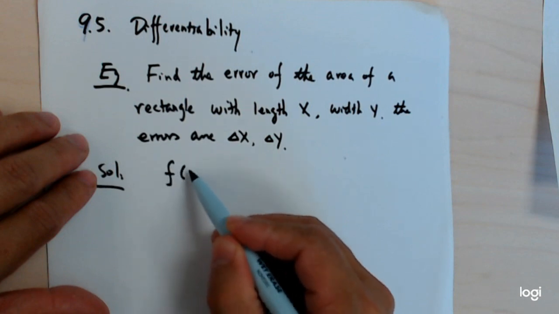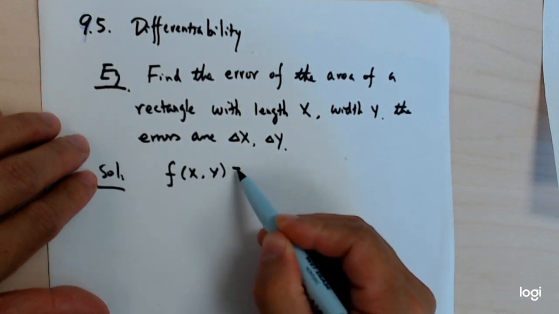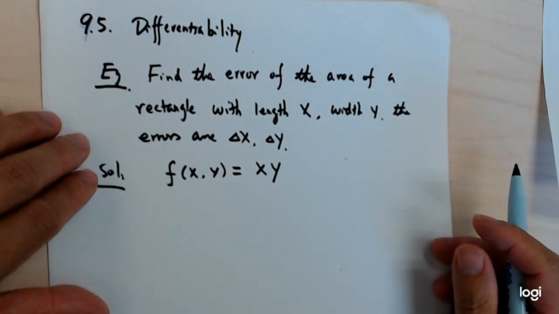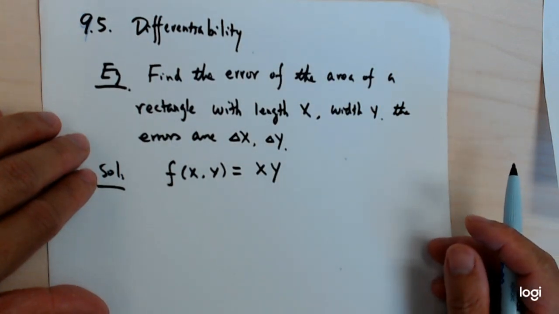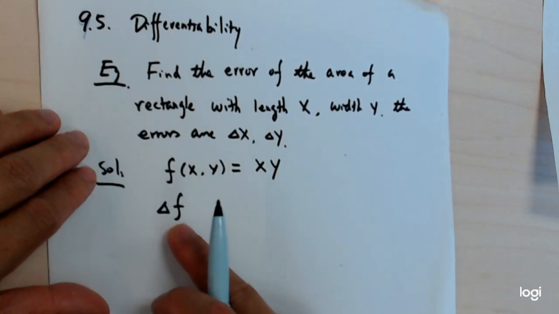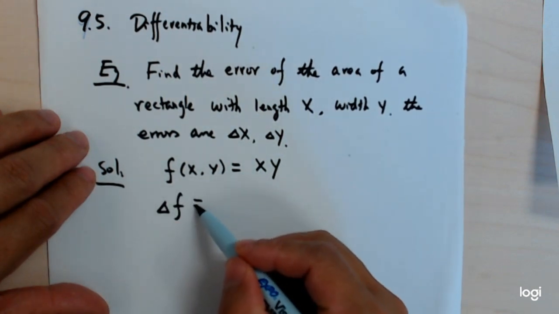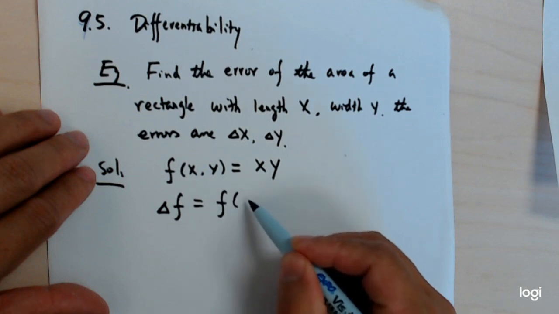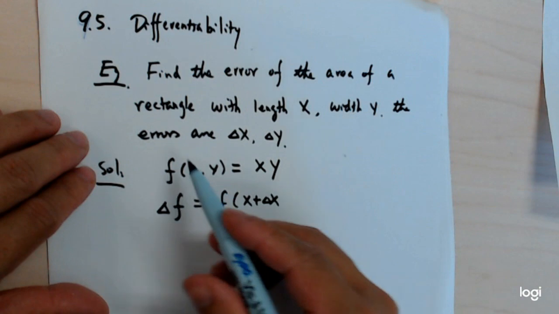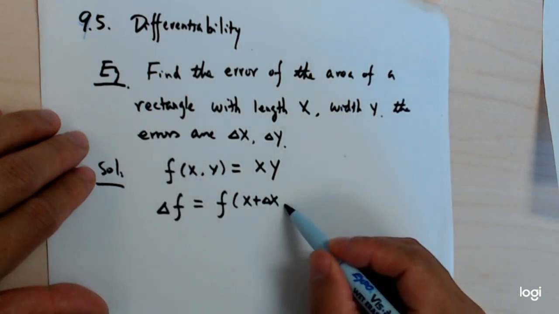Well, the accurate area is this function of two variables, just x times y. The error, denoted by delta f, is when there are errors in the length and the width.